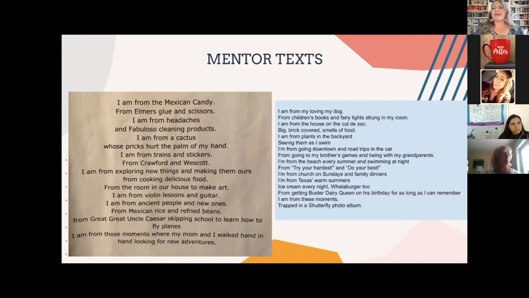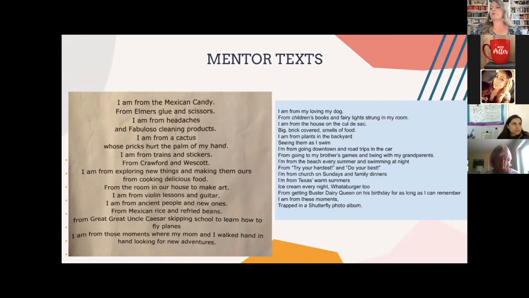I am from the Mexican candy. From Elmer's glue and scissors, I am from headaches and Fabuloso cleaning products. I am from a cactus whose pricks hurt the palm of my hand. I am from trains and stickers, from Crawford and Westcott.